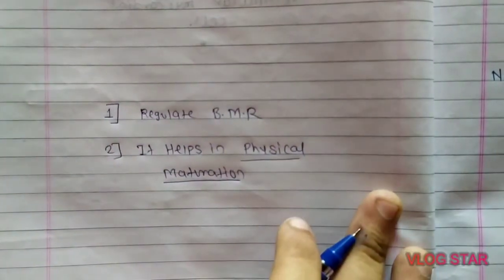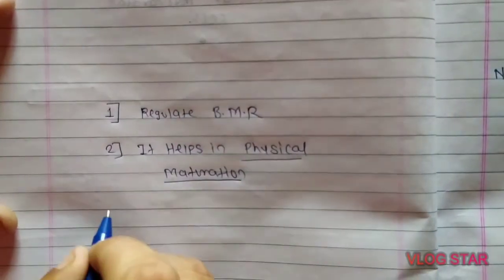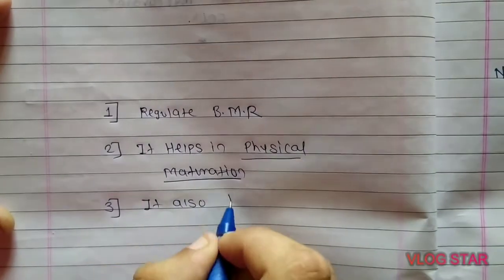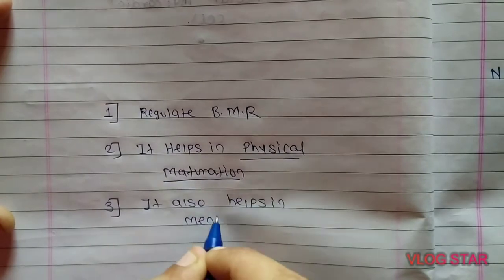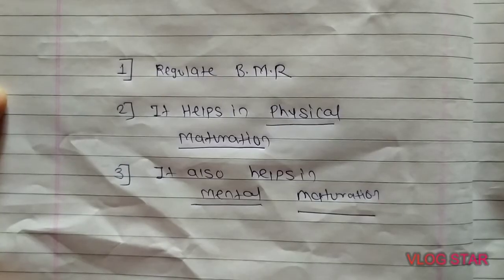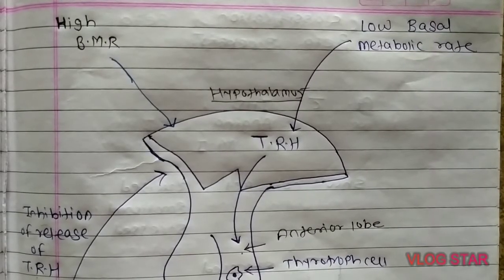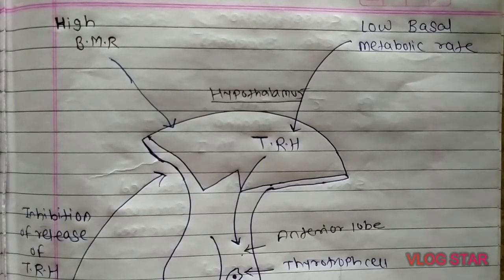And the third function is that it also helps in mental maturation. So the main important function of the thyroid hormones is to regulate our body's basal metabolic rate.